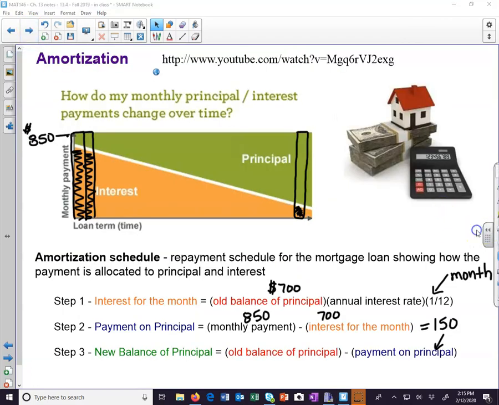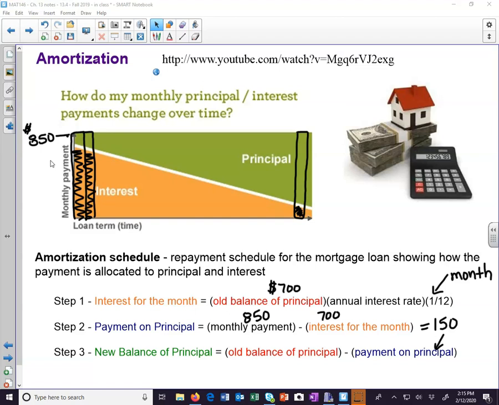All right, so the next concept we talk about is amortization, which is just talking about paying off your mortgage, so that at the beginning of your mortgage, you're paying the same monthly payment, but most of your payment is going just towards the interest.